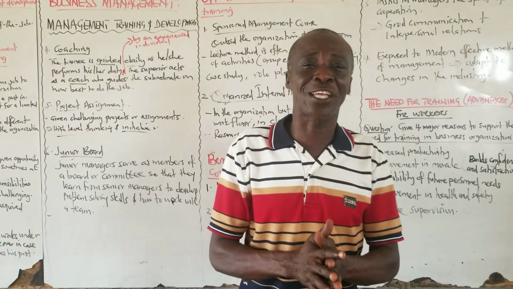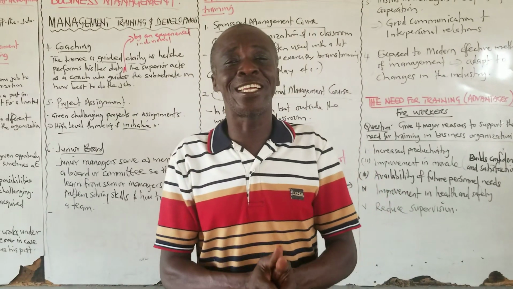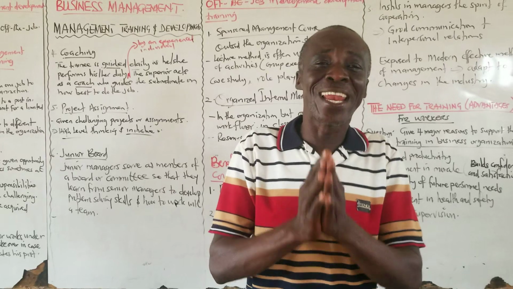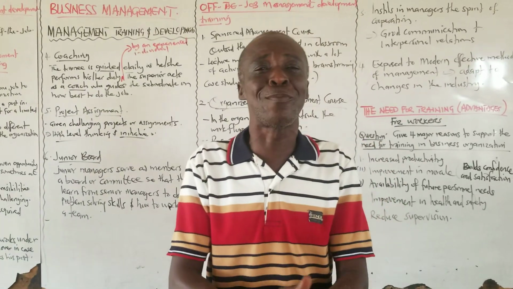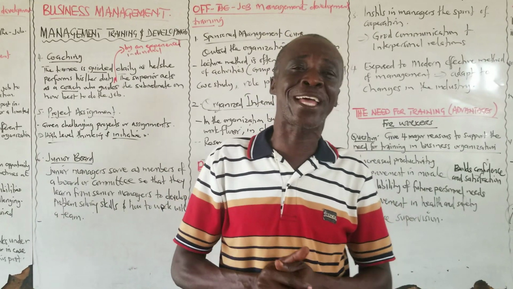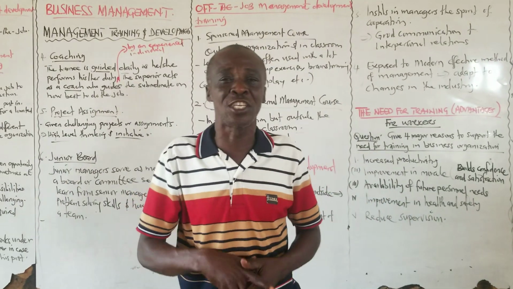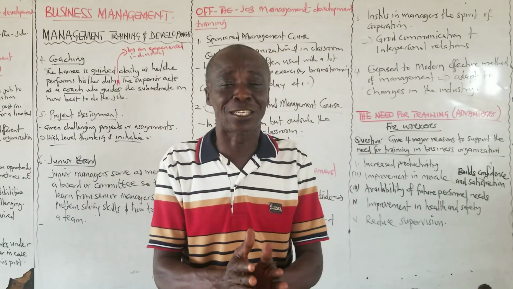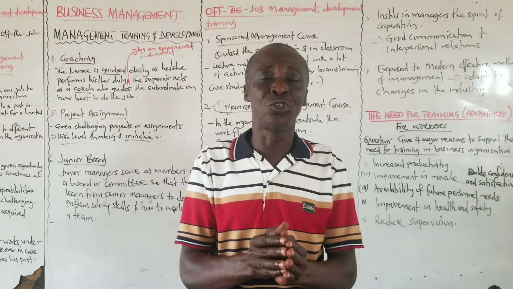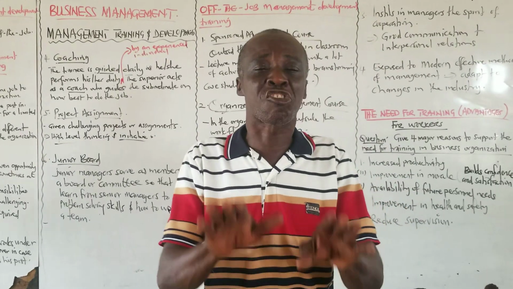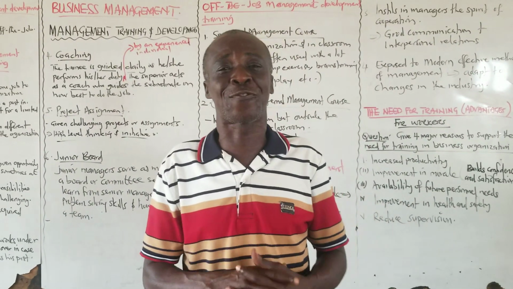Very simple. The first one, we said that it allows the organization to replace staff that may leave the organization as a result of retirement, resignation, and what have you. So that it makes it possible for you to use internal recruitment, because you have already trained a manager to that effect.